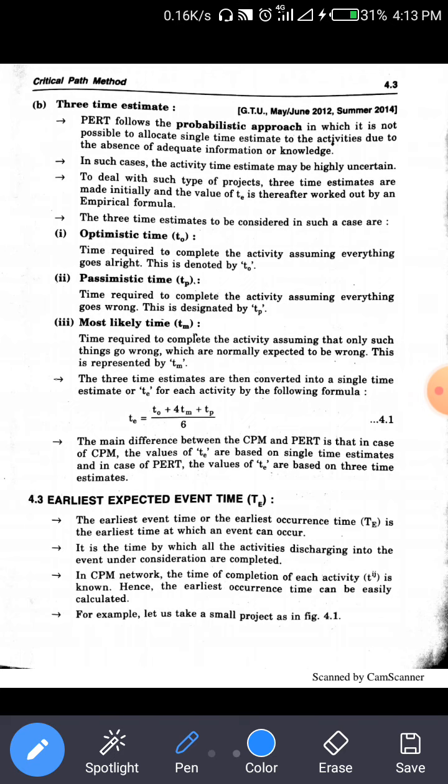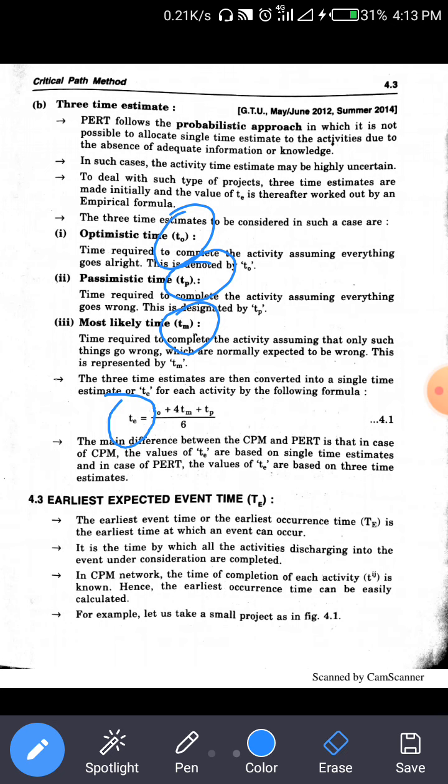O means optimistic time, P is the pessimistic time, and TM is the most likely time. Clear? From these three times, TO, TM and TP, we calculate only a single time, TE, the estimated time.